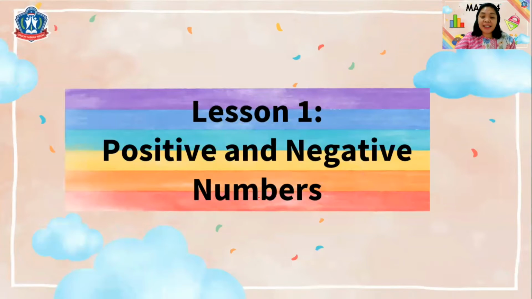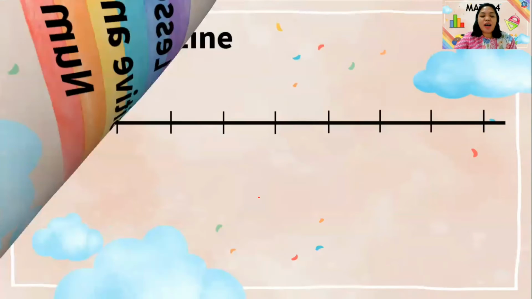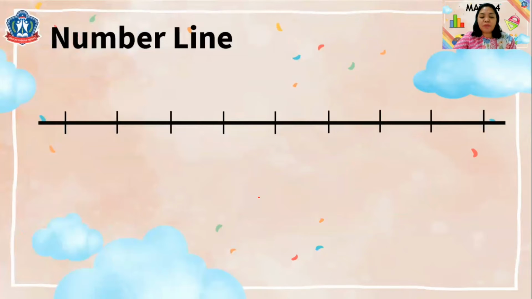Let's start with lesson 1 about positive and negative numbers. From your previous math lessons, I'm sure that you already learned about these topics. To understand more about positive and negative numbers, we will use the number line. We have here 0. 0 is neither positive nor negative.